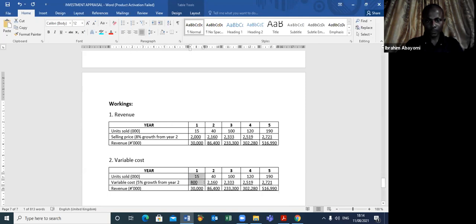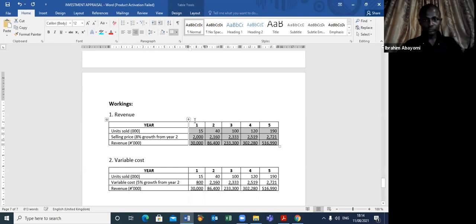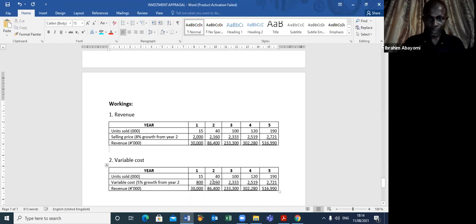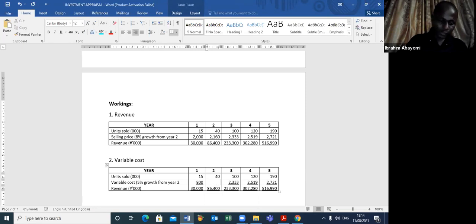We have to format this one properly, the figures. Okay, so 800, let's get the other ones. 800 times 1.05 is 840.